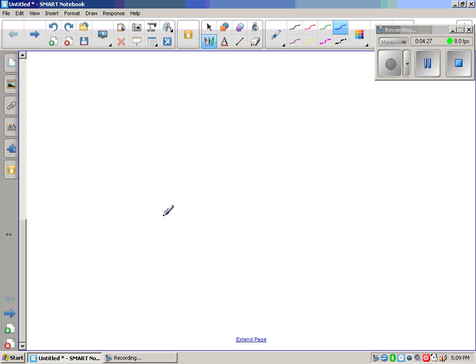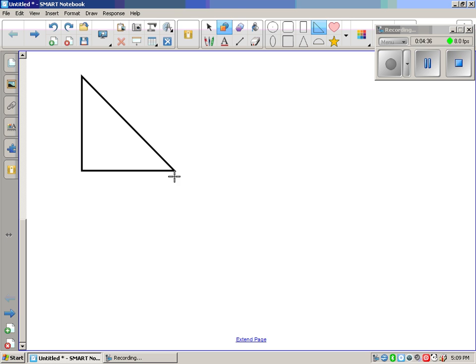I want you to remember something you learned in 6th grade. If you have a triangle, all 3 angles in a triangle add up to 180 degrees.